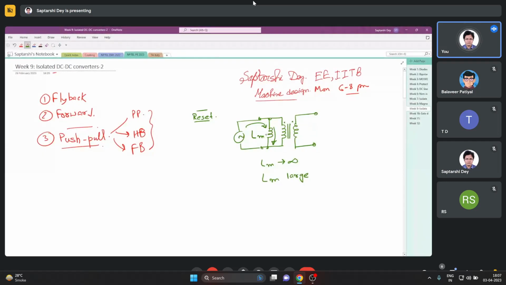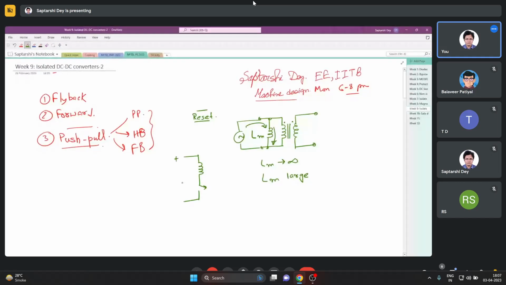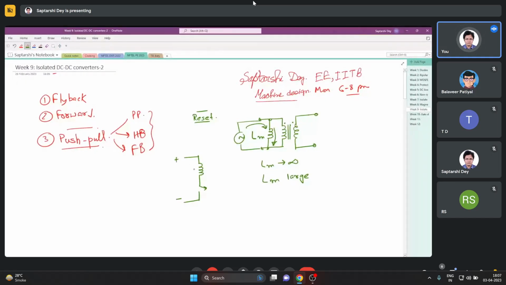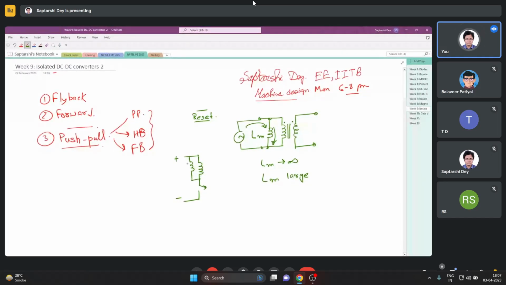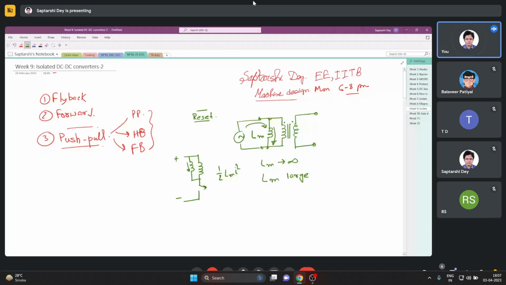And what will happen in a forward converter, when you turn on this switch, then the magnetizing inductance will draw current, and this will be stored as magnetic energy, nothing but half L i squared, in the core or in the air gap.